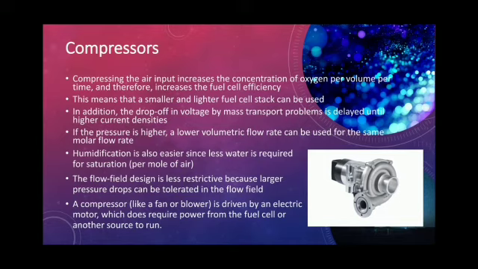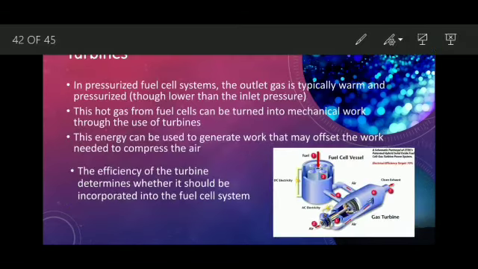Because the compressor compresses the air, humidification is also easier since less water is required for saturation per mole of air. The flow field design is less restrictive because larger pressure drops can be tolerated in the flow field by using a compressor. A compressor, like a fan or blower, is driven by an electric motor, which does require power from the fuel cell or another source to run.